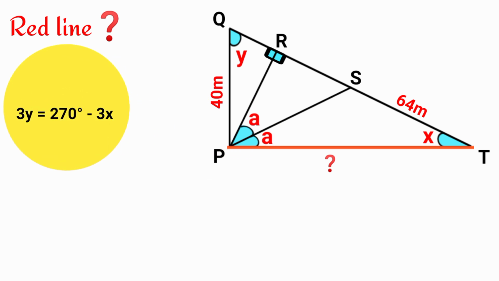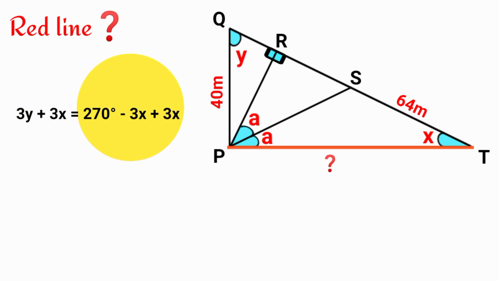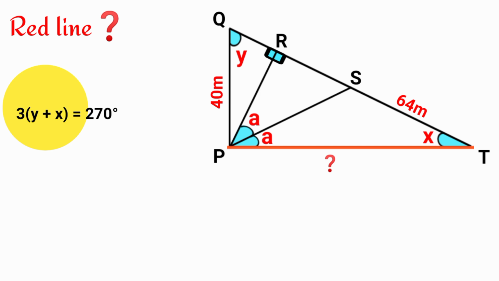From here, 3y equal to 270 minus 3x. Add 3x to both sides. Here, minus 3x plus 3x is 0. So 3y plus 3x equal to 270. From 3y plus 3x, we factor out 3. So it is 3 open bracket y plus x, which is 3 open bracket x plus y.